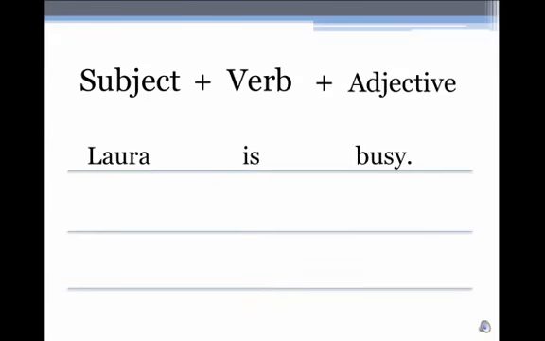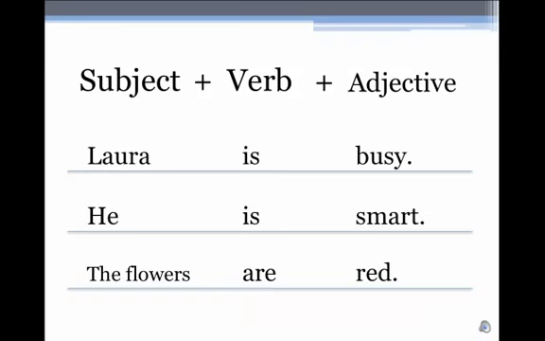Laura is the subject, is is the verb, and busy is the adjective. Another sentence is, he is smart, and the flowers are red. Notice that these all have a being verb. That's because we are using an adjective.